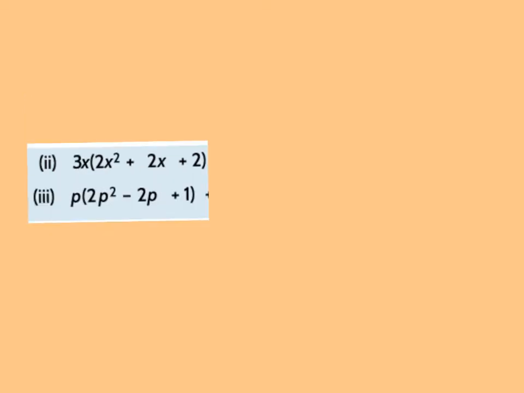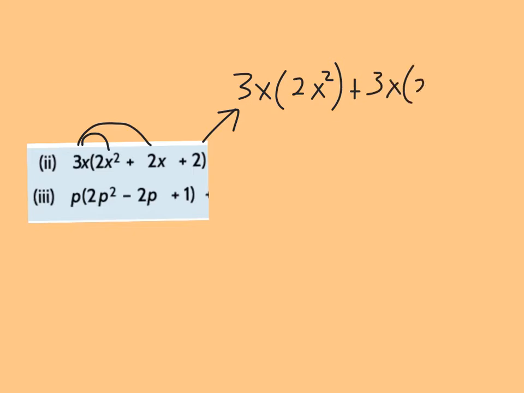The last question just had a couple more terms, so let's look at the first one. So 3x by 2x squared, plus 3x by 2x, and finally we have 3x by plus 2.